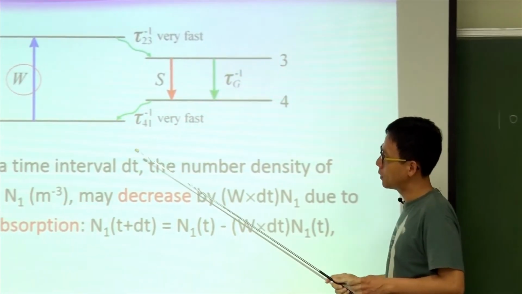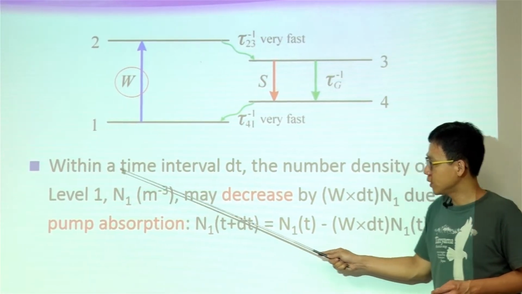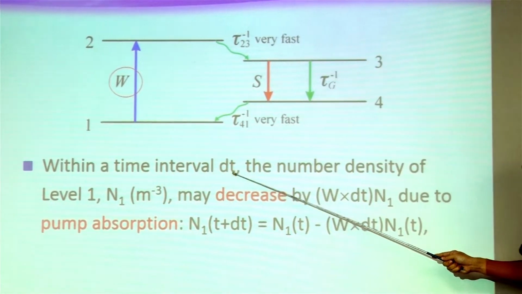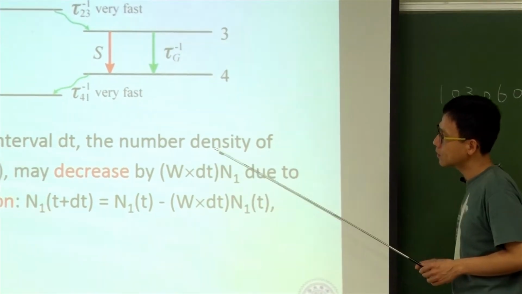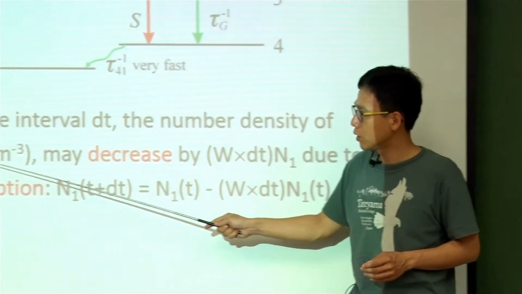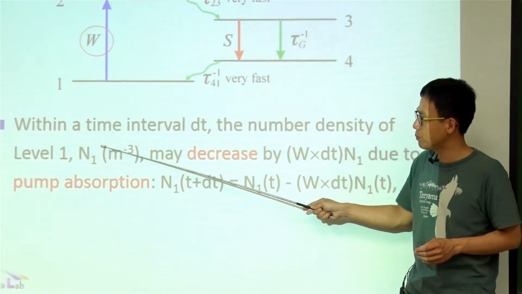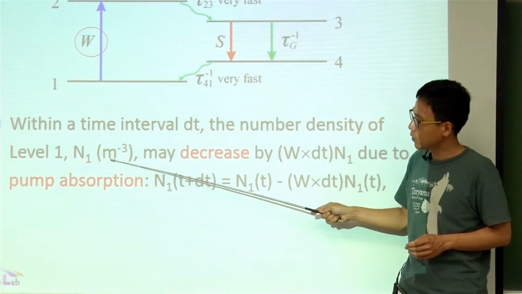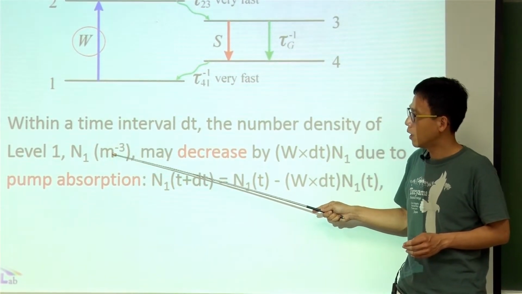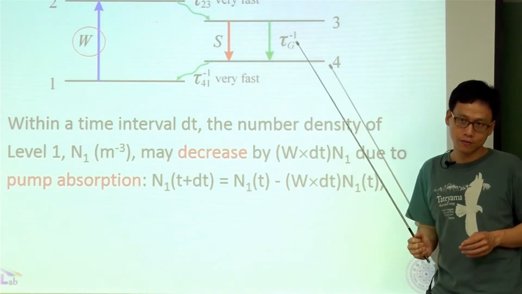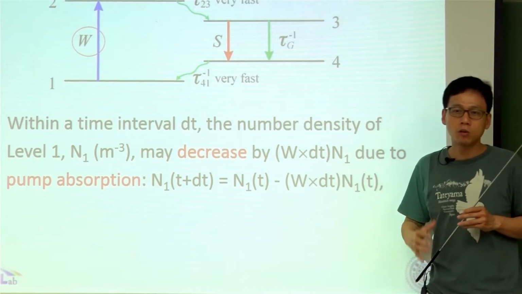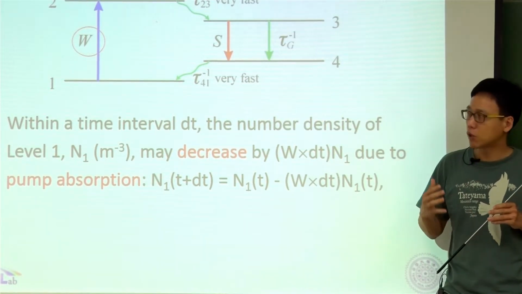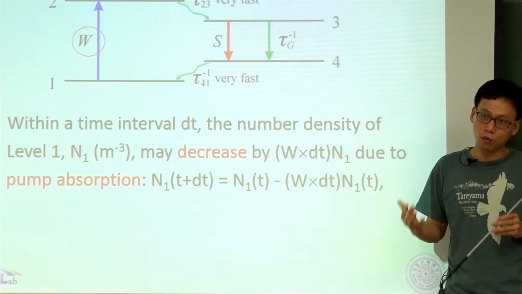So let's think about this case. Within a time interval, delta t or dt, the number density of level 1, which is denoted by the symbol N1, the physical units, it's meter cubic inverse. So you can see this is about how many electrons per unit volume on level 1.